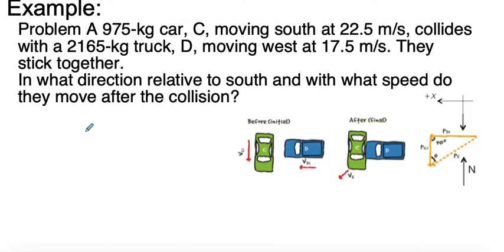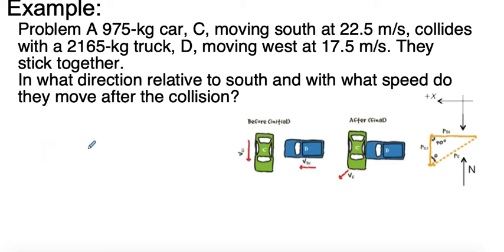So same kind of idea here, just the numbers are a little bit different. So maybe you want to pause the video and try it before we work through it. But we have some directions that are a little bit different. So I'm going to start by drawing my vectors here.